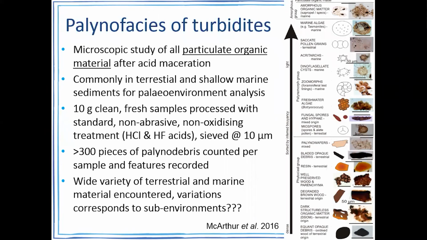I have a question since you're on the slides. As far as I know, there are some deep water systems that have freshwater algae in them. Can you comment on why they are there and how they get there? Yeah, so actually this guy, Botryococcus, is one of the most common producers of hydrocarbons in the world.